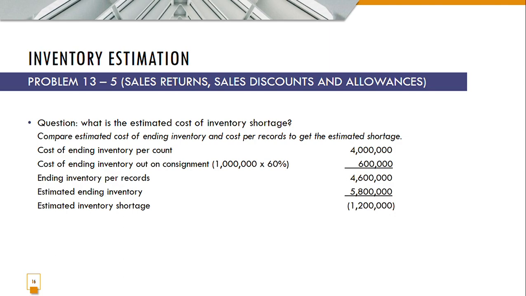So given that it's 1.2 M, and you should have an estimated ending inventory of 5.8 M, that's almost 20%. So what happened to your inventory? Is it normal spoilage, was the inventory not counted, or maybe was the inventory stolen?